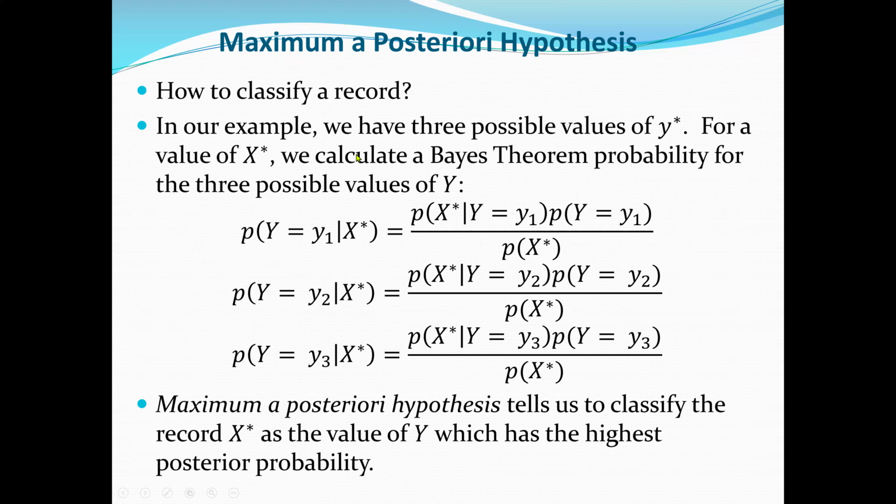The maximal posterior hypothesis tells us how to classify a record. In our example, we have three possible values of Y star: Y1, Y2, Y3. And remember, Y is our response variable, which is the outcome.